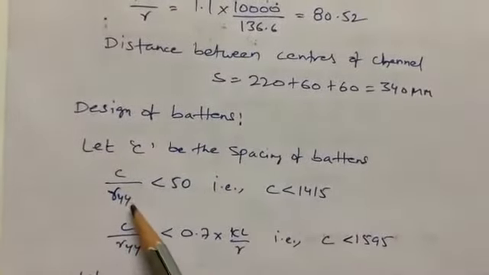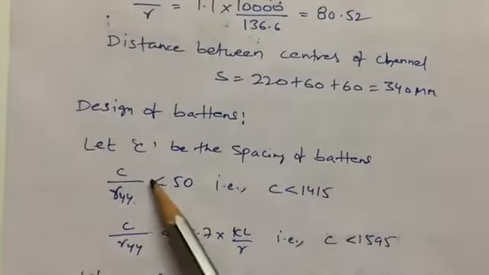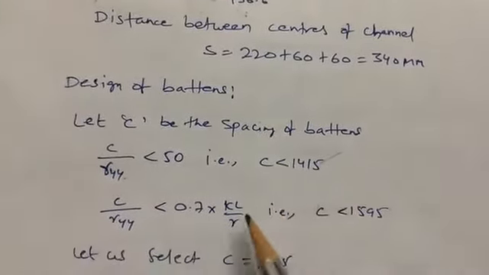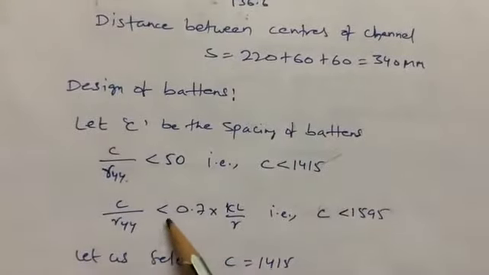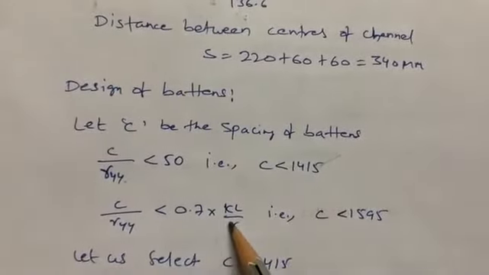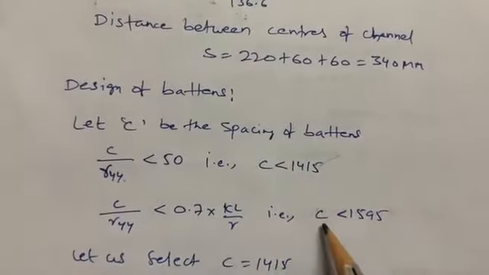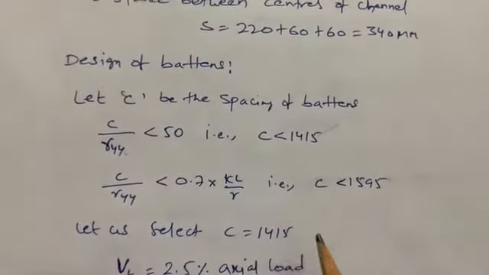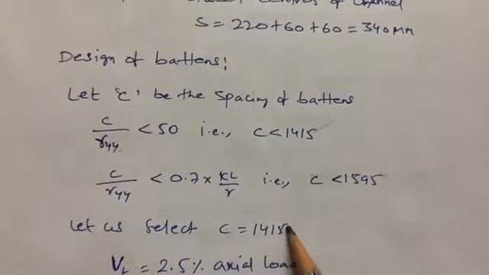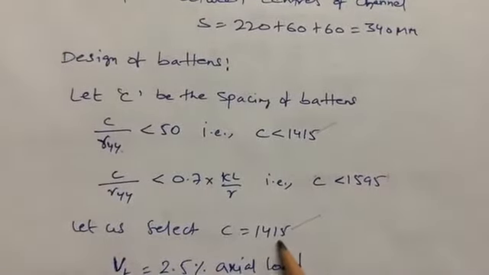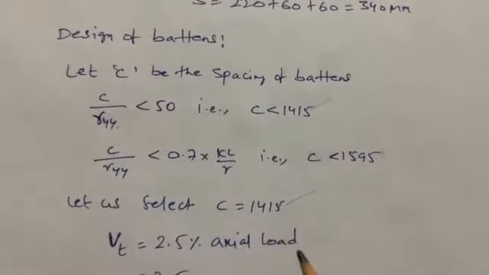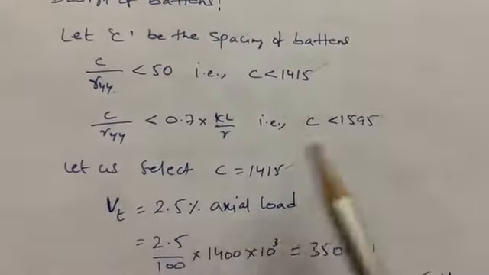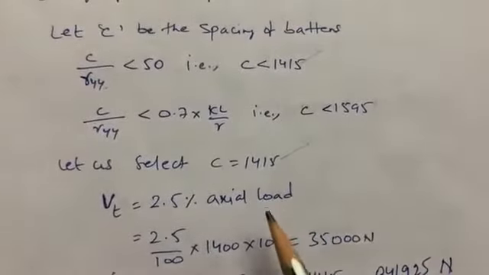By using this ryy value, I calculate the C value, C less than 1415, and another condition is C by ryy less than 0.7 into KL/r. By using this equation I am calculating the C value. After getting these two values, I am selecting the spacing value as 1415. After that we are calculating transverse shear. These are the design conditions specified in IS 800 2007.